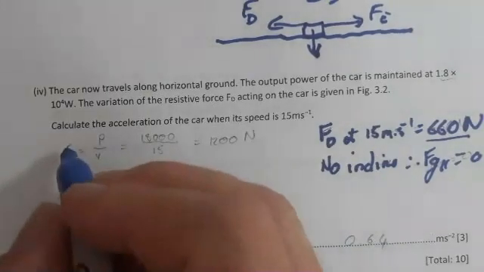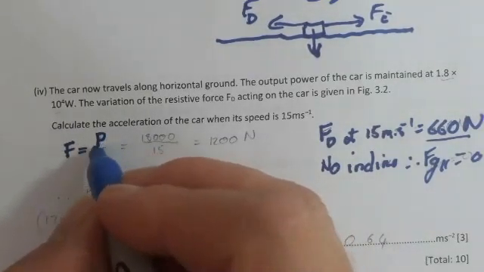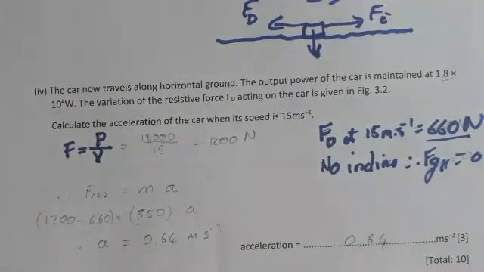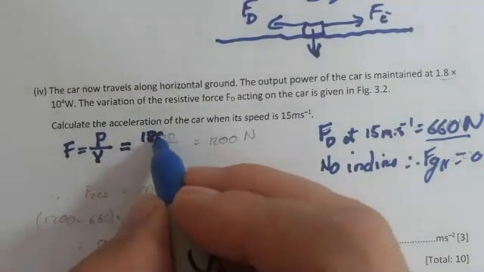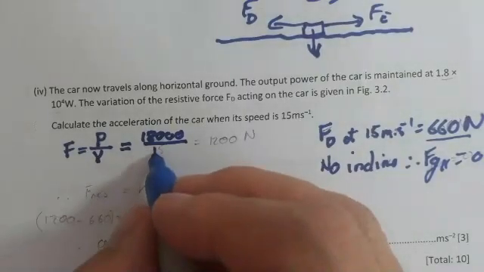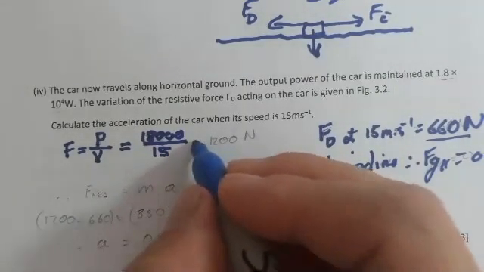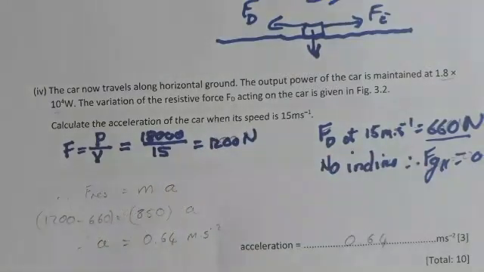I can go and calculate the force produced by my engine, because that's going to be different now because of the weight component not being there. I have my 18,000 for my power. I know my velocity, and I get my force of my engine being 1,200 now.